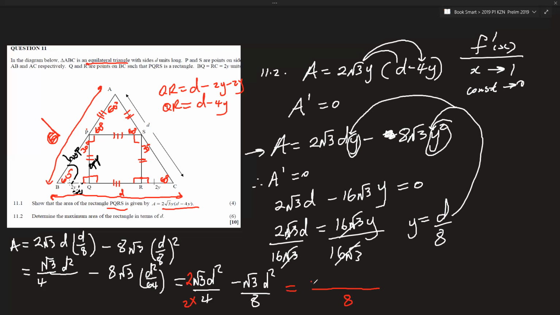Here I'm going to have 2 root 3 d squared minus 1. Remember there's a 1 here. Minus 1 root 3 d squared. So 2 root 3 minus 1 root 3 is root 3. So I have root 3 d squared over 8. And that's the final answer to that question.